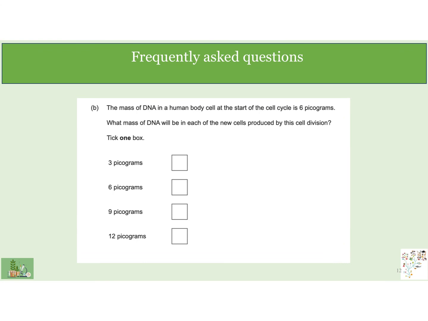The mass of DNA in a human body cell at the start of the cell cycle is 6 picograms. What is the mass of the new cells produced by cell division? Well, we said it earlier, mitosis produces genetically identical cells. So if it's 6 picograms, it's going to be 6 picograms.